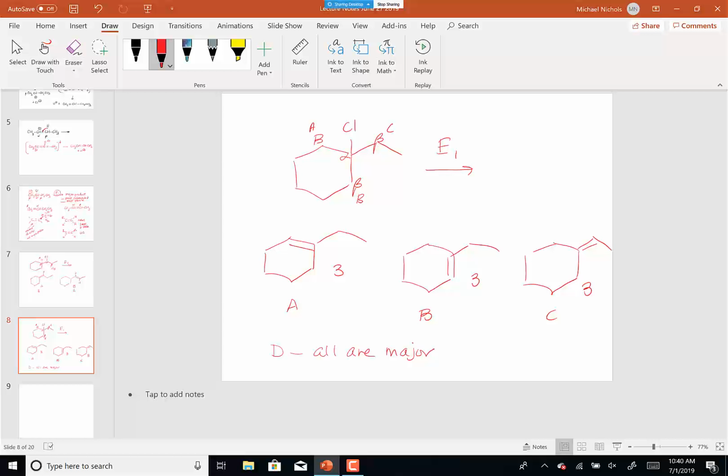So we're just going to say 3 alkyl groups, they have the same stability. If you don't see that, then my suggestion is let's put in the hydrogens. And you can see that each one of the double bonds has 1 hydrogen. So that means the rest of those groups are alkyl groups.